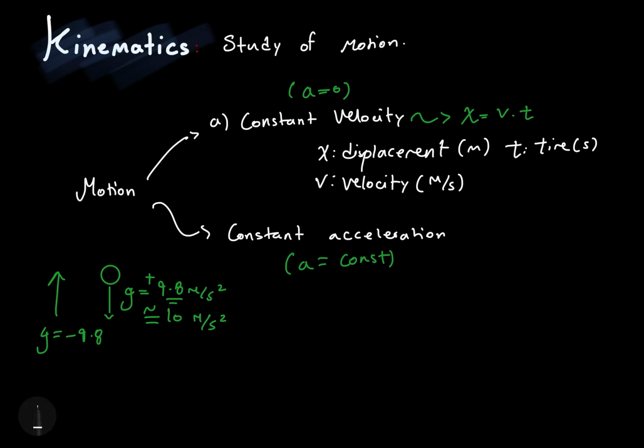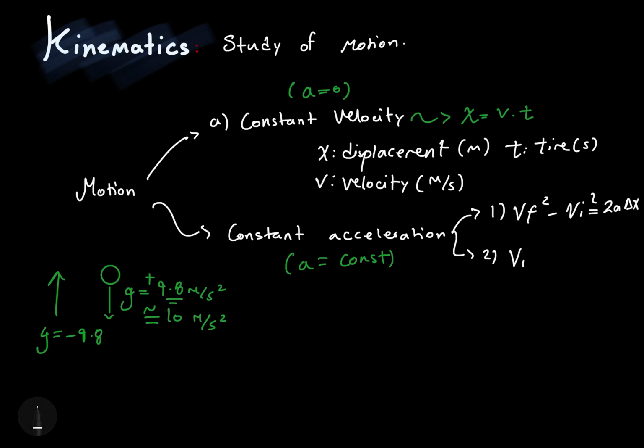Now, constant acceleration divides into four different formulas. You probably will not need the proof of these formulas. The four most famous formulas you need to know for this part are, number one, Vf squared minus Vi squared equals 2a delta x. That's where Vf stands for final velocity, Vi for initial velocity, a for acceleration, and delta x the change in displacement.